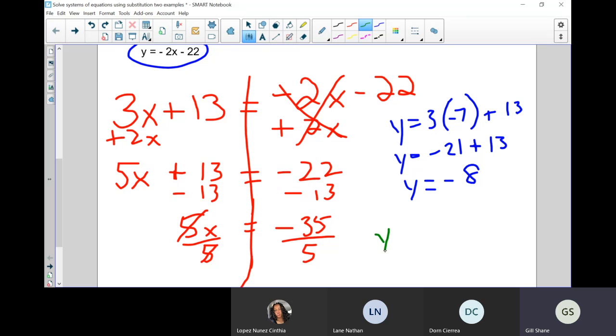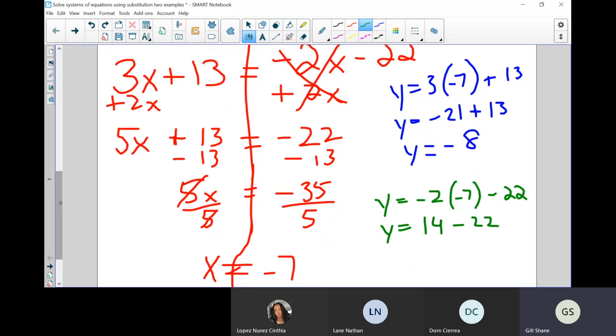Again, I also know that y equals -2 times x, which I think is -7 down below, and then subtract 22. All right, well, negative times a negative is a positive, so y is going to equal positive 14, subtract 22, and if I finish that off, y equals -8.